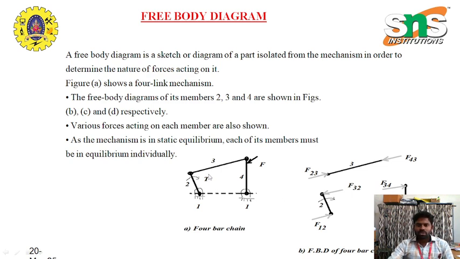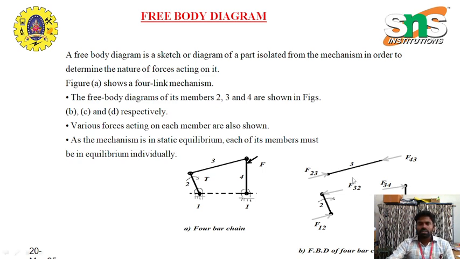The force acts from link 3 to 2, indicated as F32, and its direction is parallel to link 3. Similarly, for static equilibrium there is an equal and opposite force, parallel to F32 but in the opposite direction, so that the system remains in its state of static equilibrium.